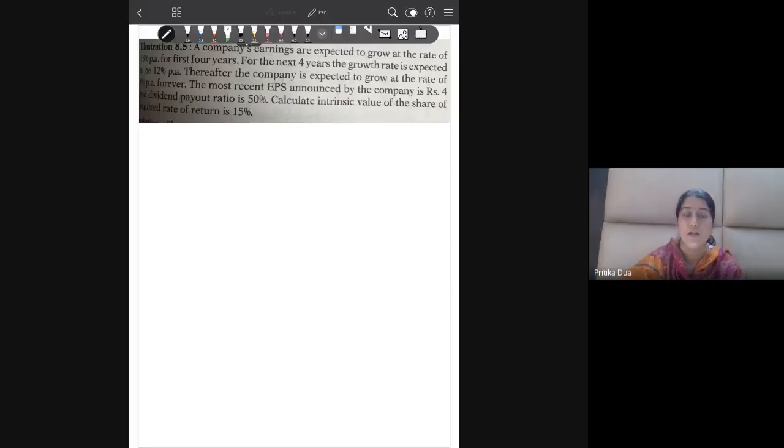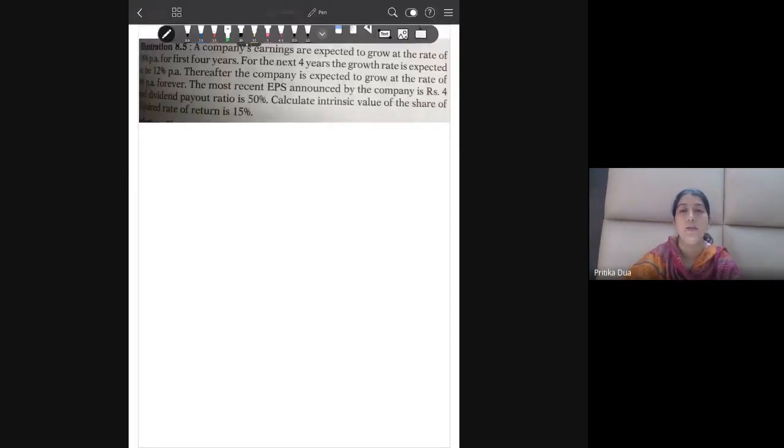As yesterday, we had started with the valuation models for equity securities, and under that we are currently doing the dividend discount models. Under the dividend discount models, we have done three models.